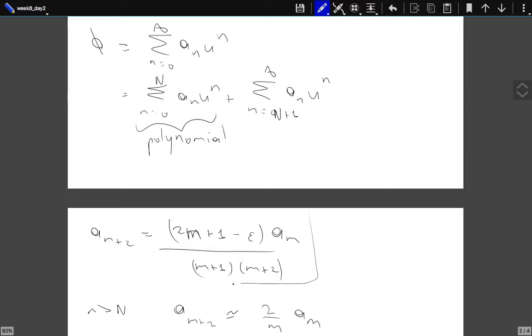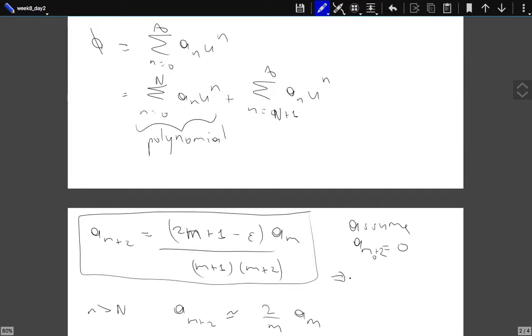But you see, this recursion relation becomes 0. Let's assume a_m0 is equal to 0. Then all the higher coefficients will be 0, or let me say a_(m0+2) is 0.